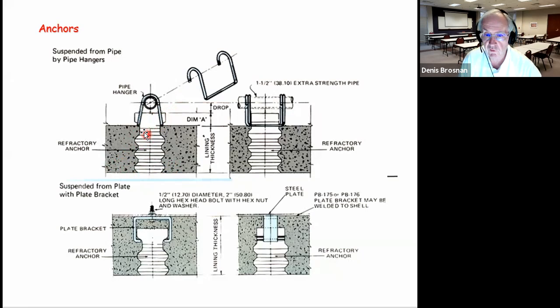I've seen some cases where other systems were used to suspend a hanger tile through a flat suspended crown, and they put the brick in tension when it's in use, and there have been some failures in that situation. So the old-fashioned system is to put a hanger up here that's going to hold that brick just at the top in compression.